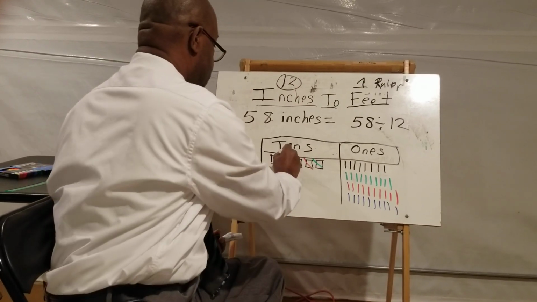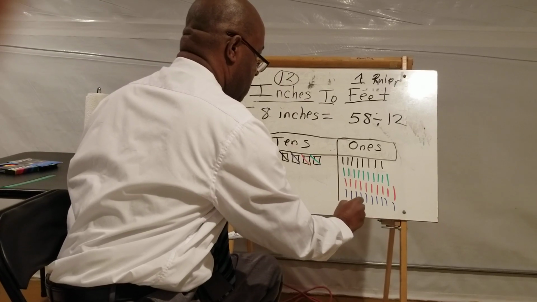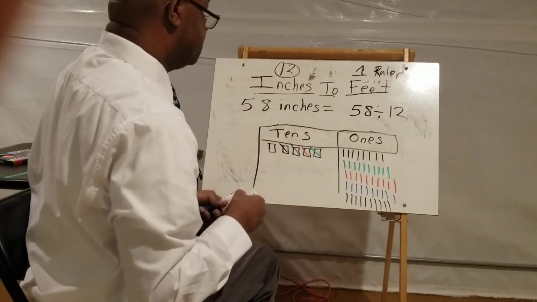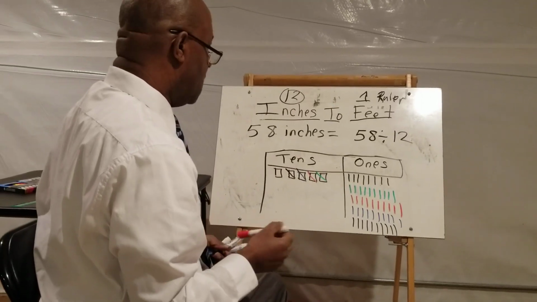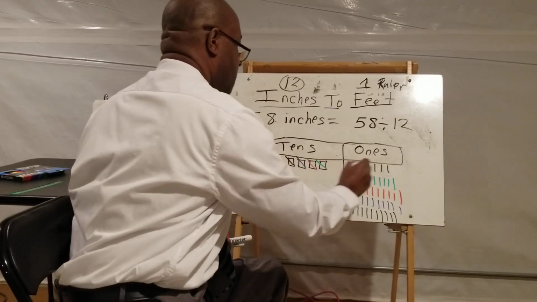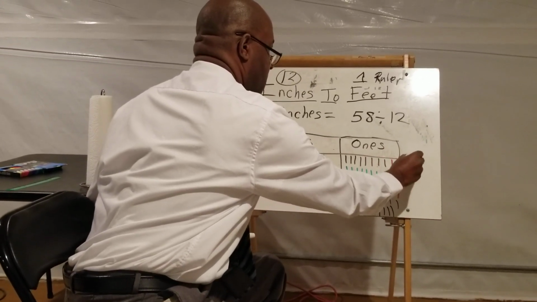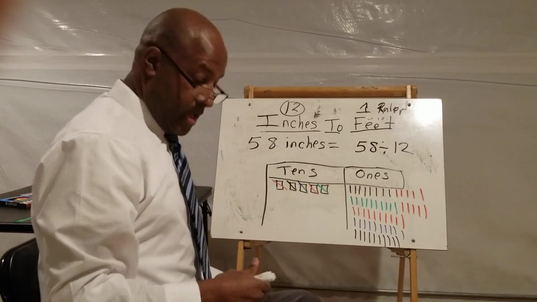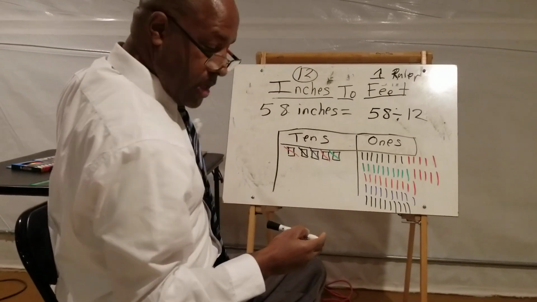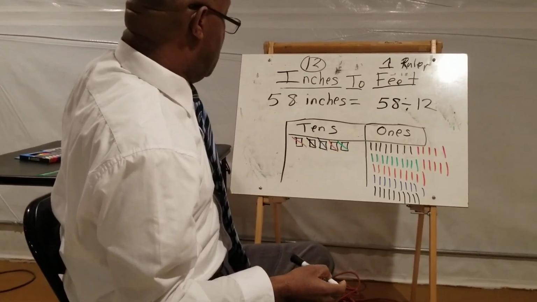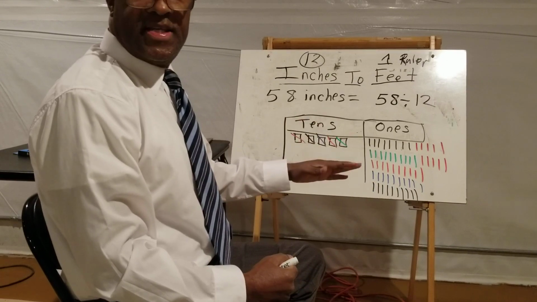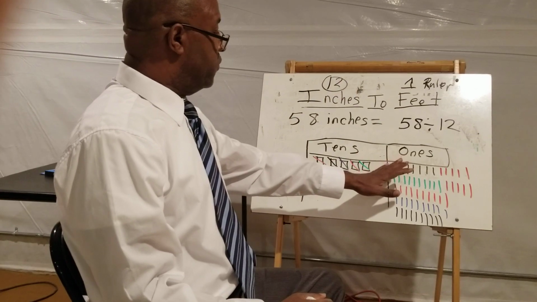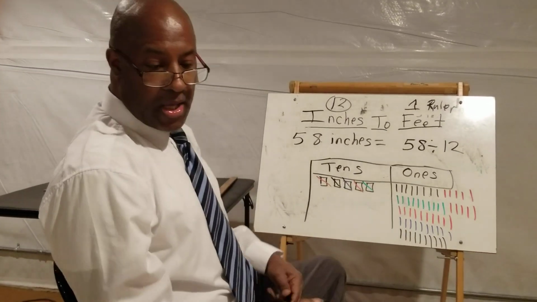Regroup and rename. And regroup and rename. Okay. And then of course, now that we've regrouped and renamed all of our 10s, you ask yourself now, how many groups of 12 do we have with the regrouping and renaming of all these ones?